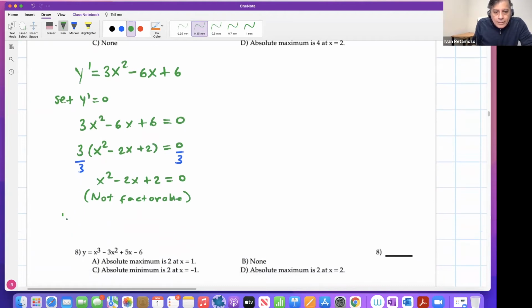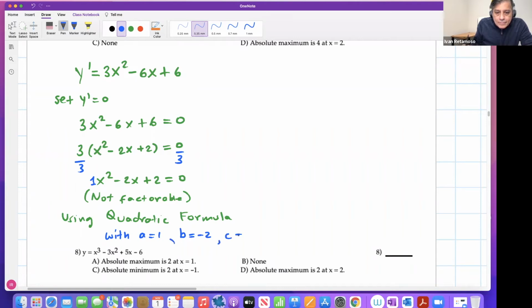Using the quadratic formula, with an invisible 1 here, A equals 1, B equals -2, and C equals 2.